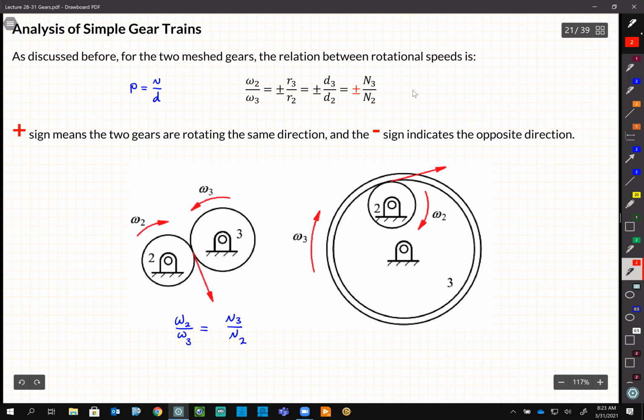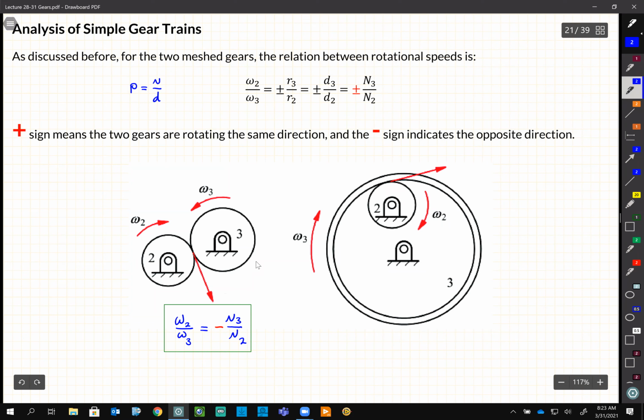And we will use a negative sign here to indicate that these 2 gears change direction. So if one of them is clockwise, the other one is going to be counterclockwise. And you can easily visualize it.